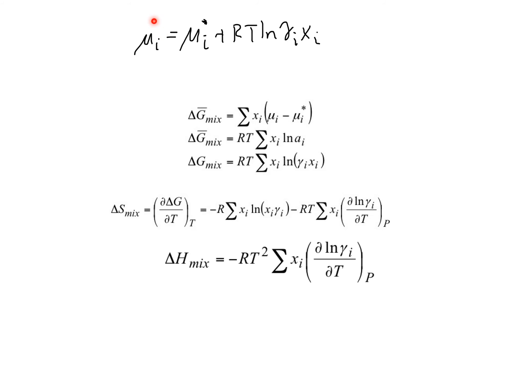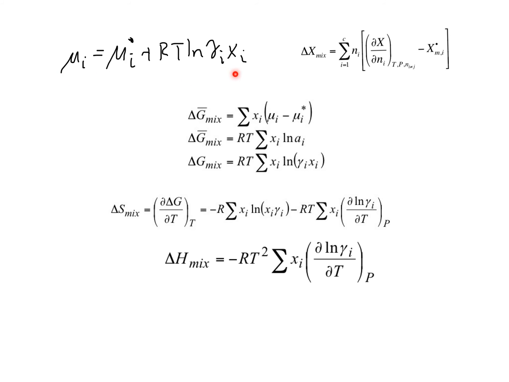Recall that the chemical potential in solution is equal to the chemical potential of the pure substance plus a correction for the substance not being pure, where gamma is the activity coefficient of substance i, x is the mole fraction of substance i in the solution, and gamma times x is equal to the activity of that substance in that solution.